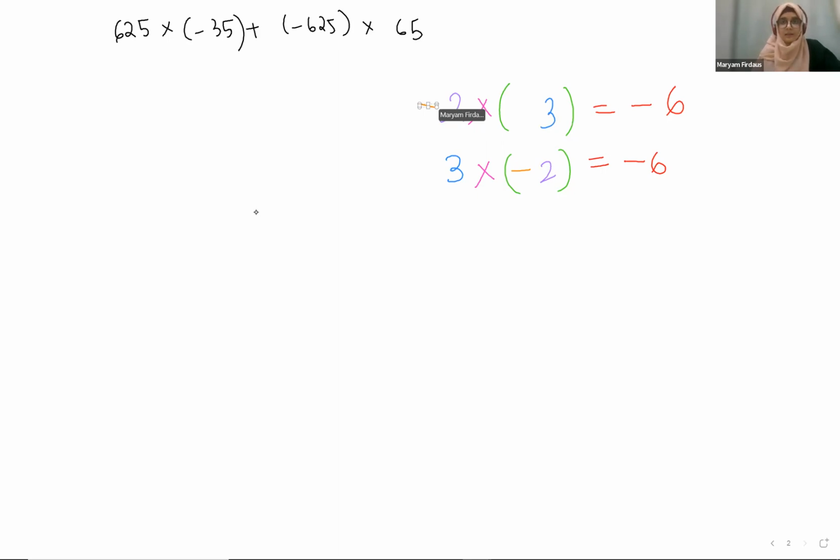Is that clear? So Hiba, we can only do this in multiplication.